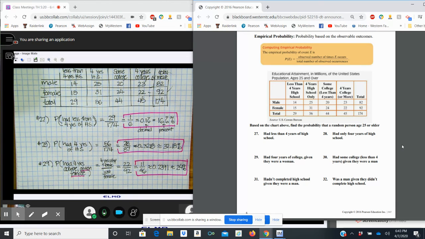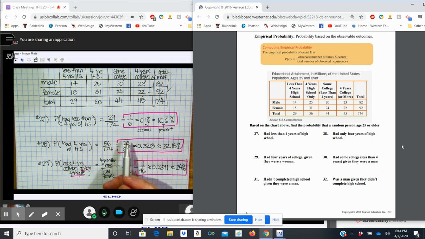No, 31 and 32, that's a good question, Lexi. Do you see how 31 says given they were a man? So that's going to be out of your male total, which is 82. So 31 would be less than 4 years in male, so 14 out of the total of 82, right? However, 32 says they were a man given they didn't complete high school.